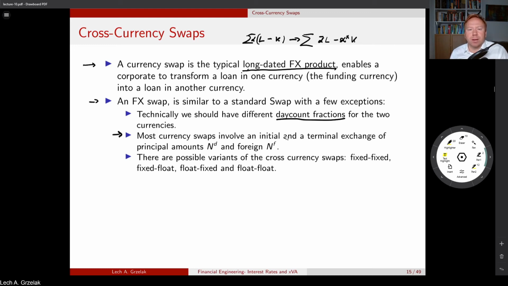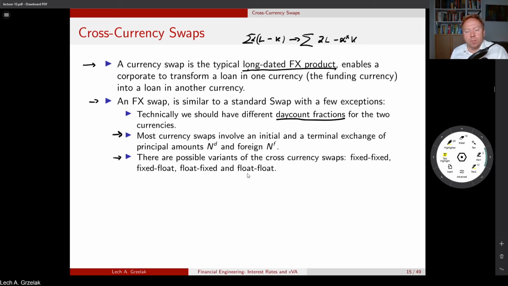Some details about that I will show you in the next slide. There are also multiple different combinations that we can have. We can have, for example, fixed for fixed. In this case, we pay a fixed rate in one currency and receive a fixed rate in another currency. We also have fixed float, float fixed, and float float.